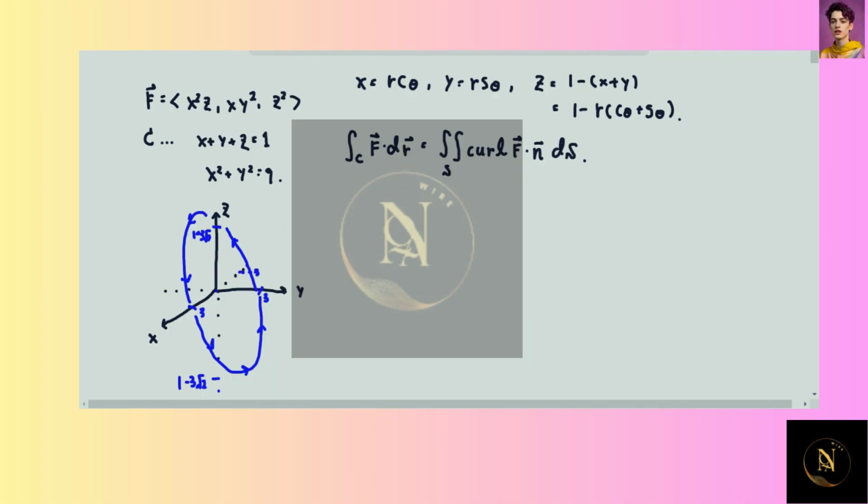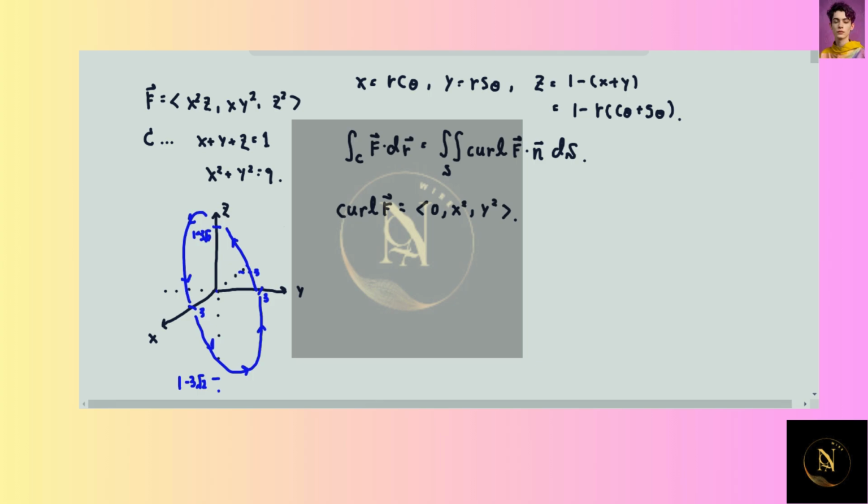We can calculate the curl first. Again, it's quite a straightforward calculation, so I'm not going to go into detail, but I've already done the calculation. It turns out to be pretty nice: 0, 0, x squared y squared. I'll put this in terms of r and theta later.